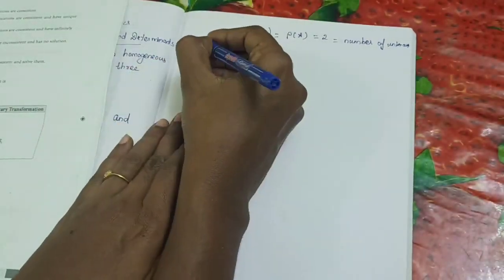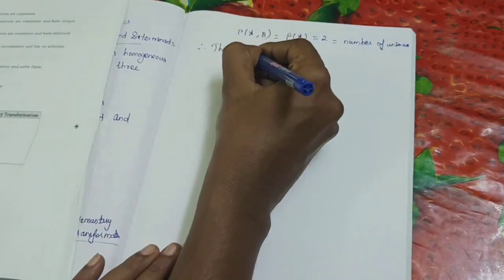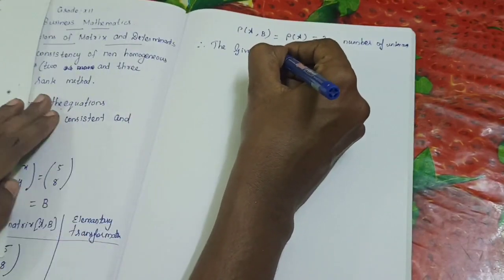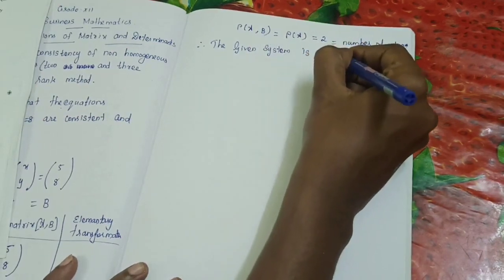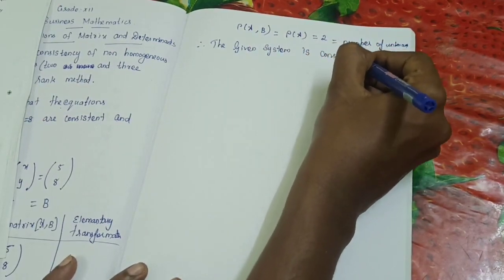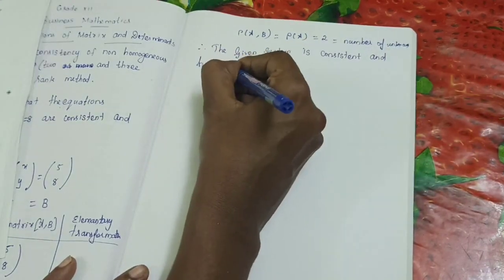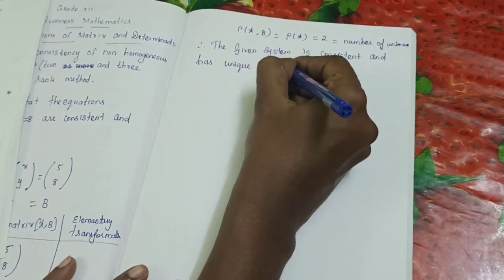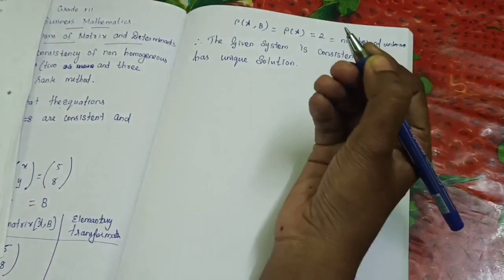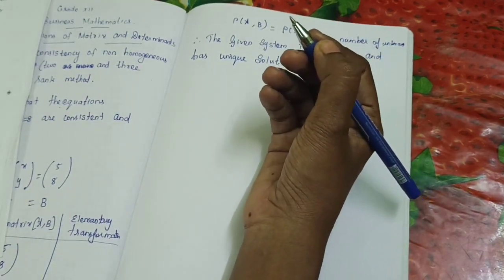Therefore, the given system is consistent and has a unique solution. So you will get one value for x and one value for y.